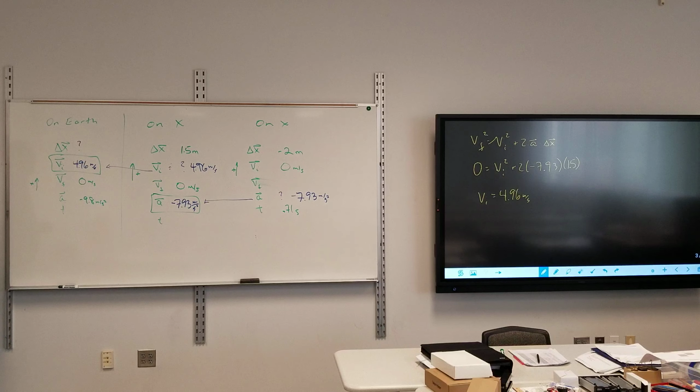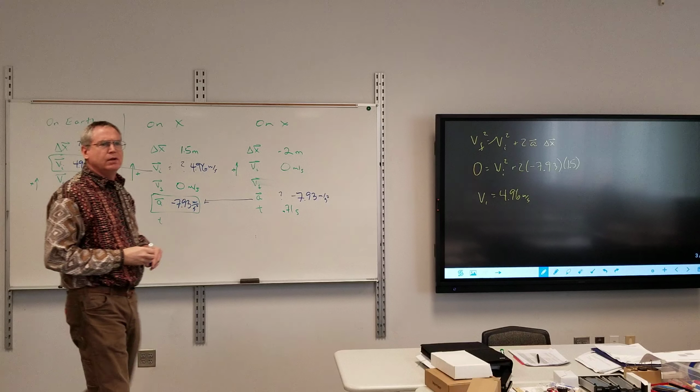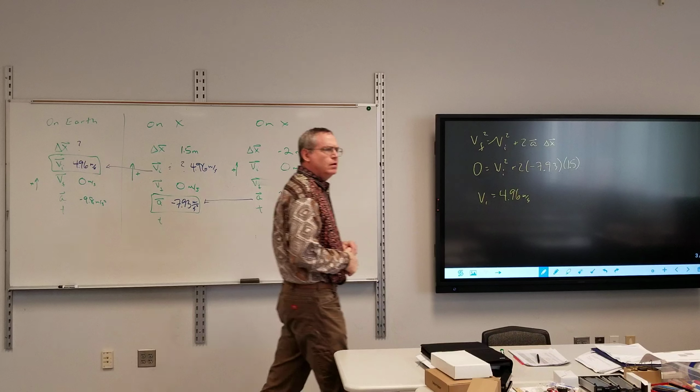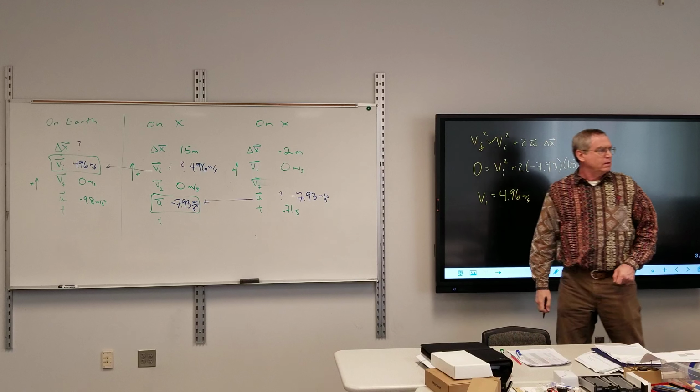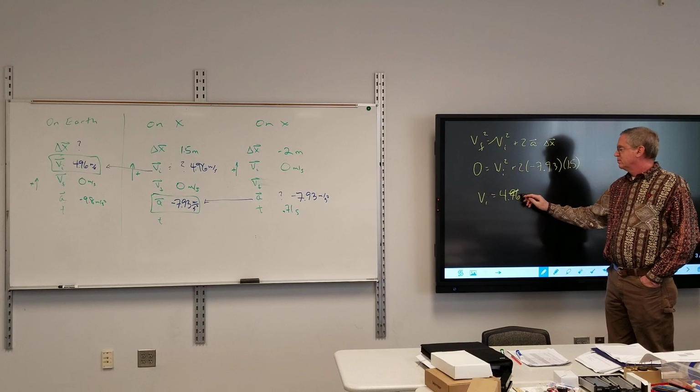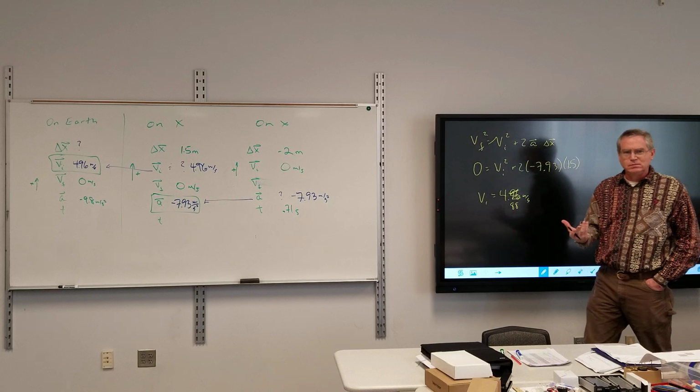Did anybody else get 4.96? I got 4.88. You got 4.88? I was doing 4.8. Oh, yeah, I see what I did wrong. Robin, you're leading me astray here. I'm sorry.